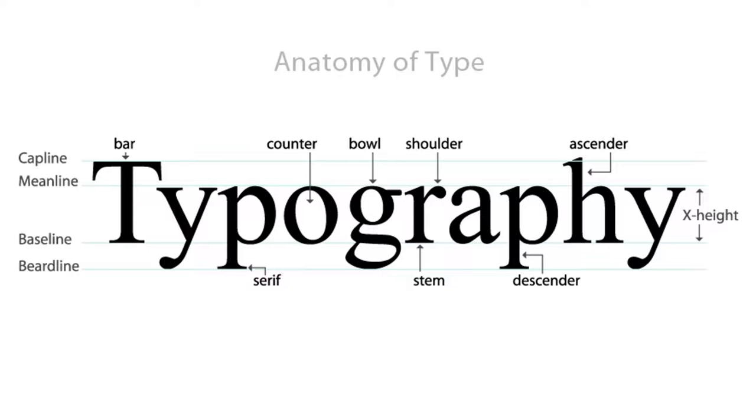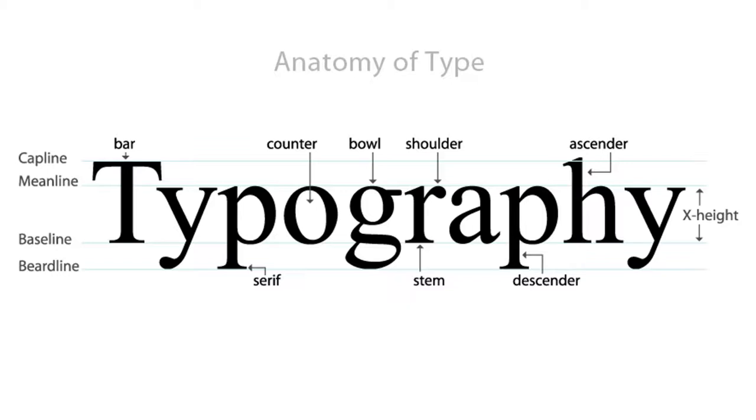Typography is very interesting because we write words and we write types, but when it comes to computer-generated typography or even hand-drawn typography, there is a very specific way of structuring the type so that it looks correct and is legible. Here are some of the words we associate with the anatomy of typography. The very important thing for you to know for this chapter is serif.